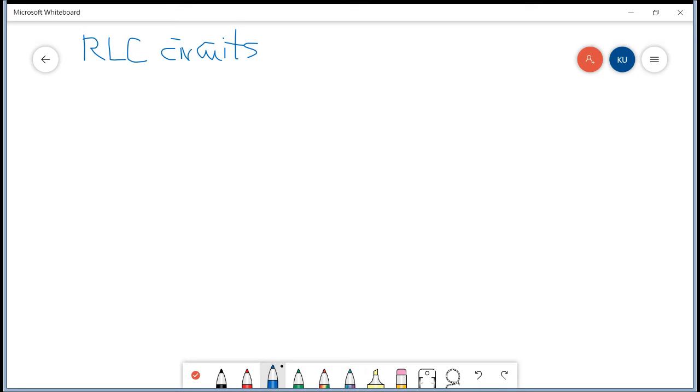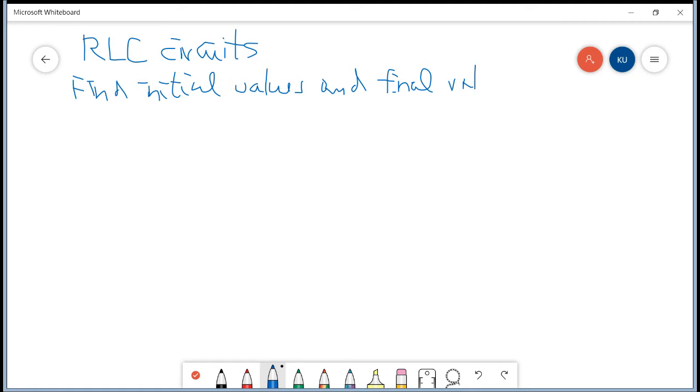So in the first part, I will talk about some simple stuff first, which is to find initial values and final values for circuits with DC source.